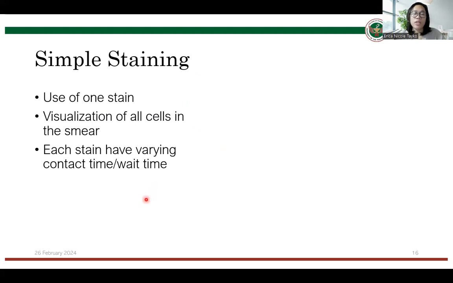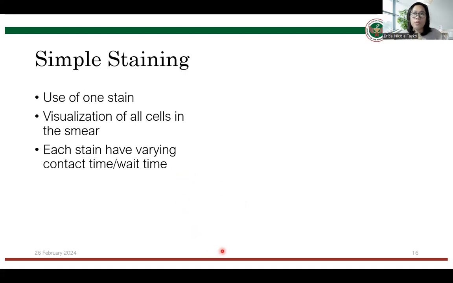These different stains have their own contact time or wait time. Contact time is the time it takes for the stain to properly adhere to the bacterial cells.